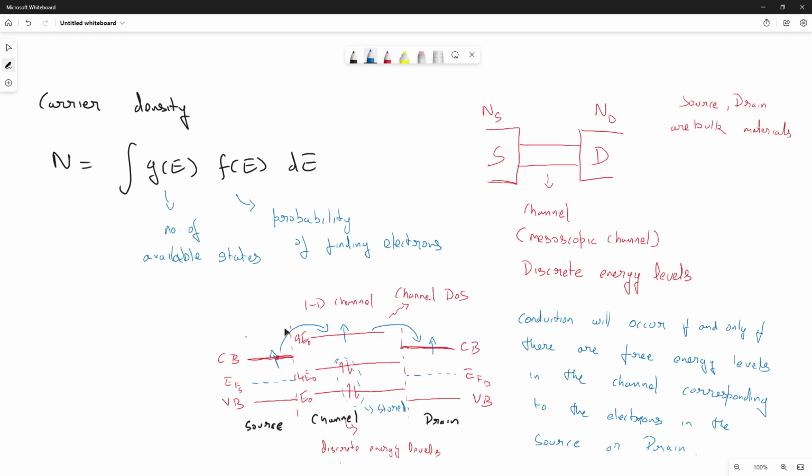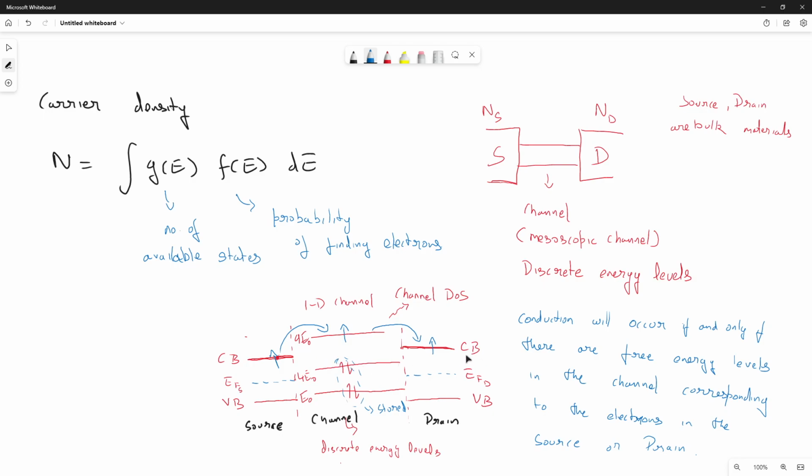So this is how conduction happens. The electron jumps, or it can also lose energy. Let us say the 4E0 level was empty, then initially the electron will have to lose energy and go to the 4E0, and then gain energy and go to the conduction band on the drain side. I'm not saying it always has to gain and then lose energy.